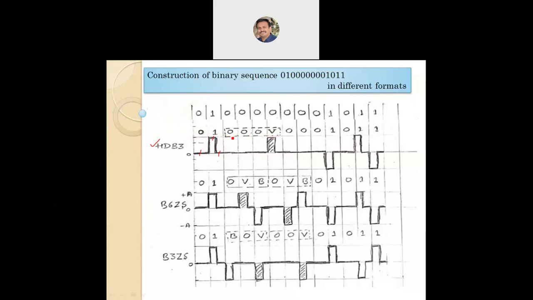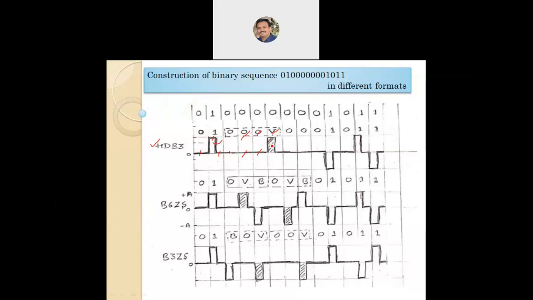If you draw the signal for the special code, the first 0 will be 0 amplitude, and the next three 0s will be 0 amplitude. The V bit is equal to 1, hence we need to draw it as plus A or minus A based on the previous condition. The previous one has amplitude plus A.